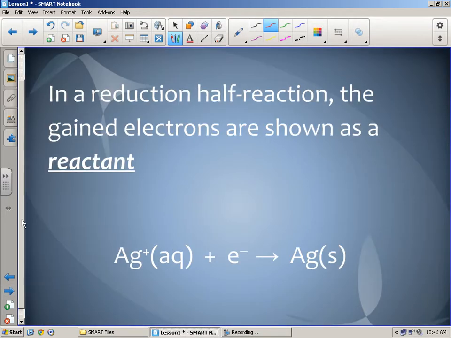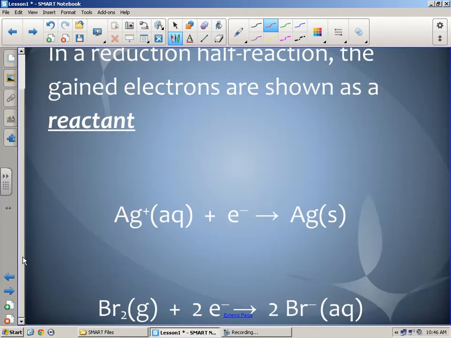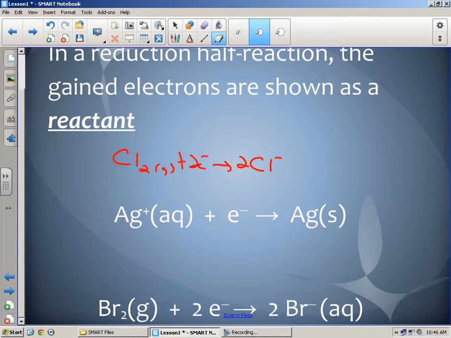And then the easier one to actually do is reduction. If you think about which one is being reduced here, it's chlorine. And you would say, technically, we're going to do this later, Cl2 becomes chloride by gaining 2 electrons. That would be the half reaction for chlorine.